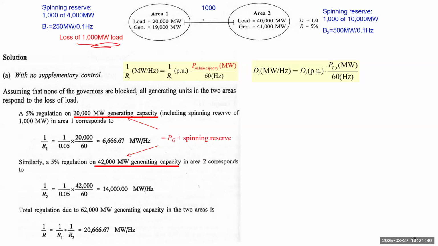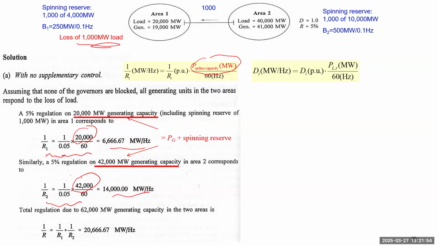Okay, so from this example, here we just calculate the 1 over R1, 1 over R2 in the new unit. So this value takes the total online generation, which is the generation plus spinning reserve. This is for area 2.